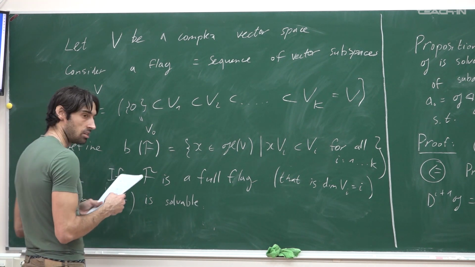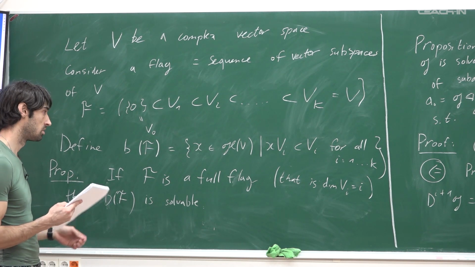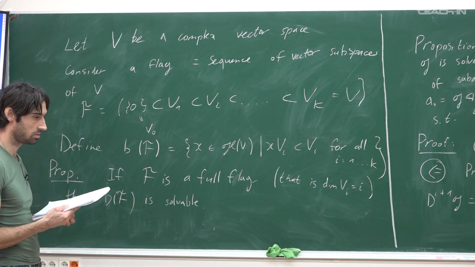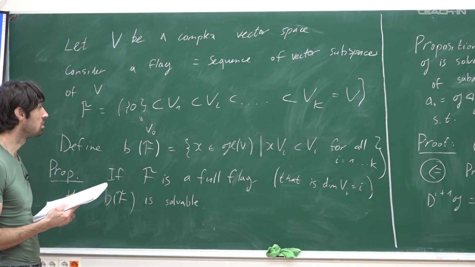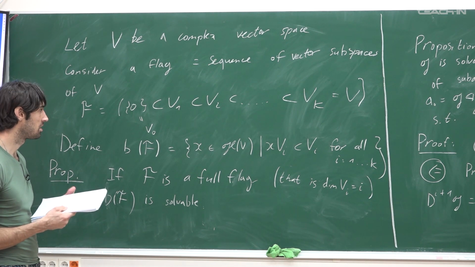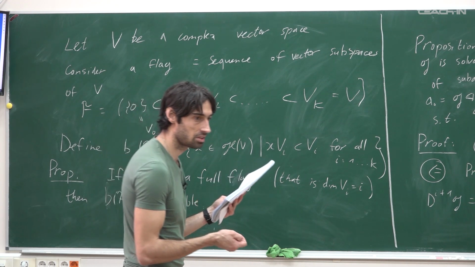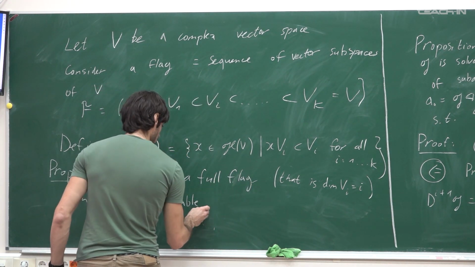So the space of flags is simply the quotient group of GL over upper triangular matrices. So it's, as we learned, a homogeneous space.